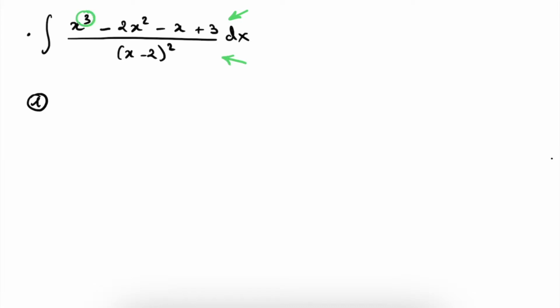In the numerator, the highest power of x is 3, so the degree of the polynomial is 3. In the denominator, the highest power of x is 2, so the degree of the polynomial in the denominator is 2. And we see that 3 is larger than 2, so before we do anything else, we have to perform a long division.